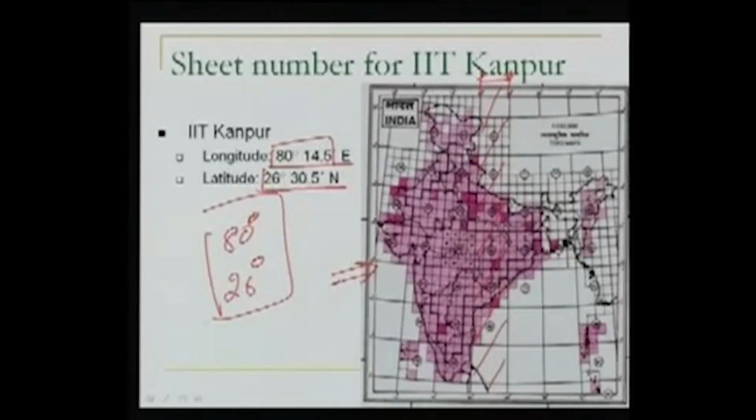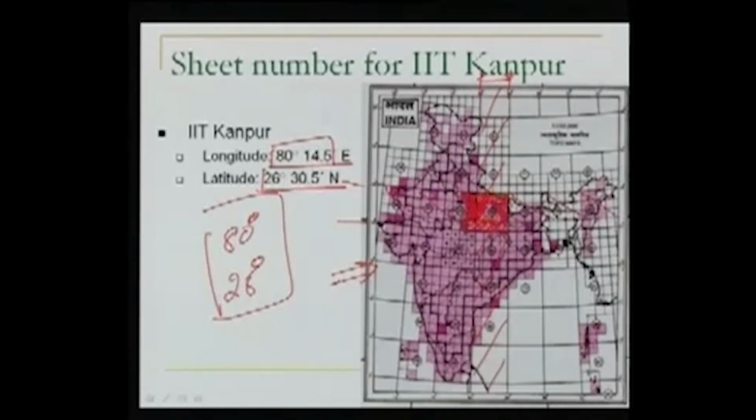Now, this is 26 latitude. Where will 26 latitude be? This is 24 and 28, so 26 latitude will be here. Let me shade this also. What we find is these two intersect, so this is our area of interest.